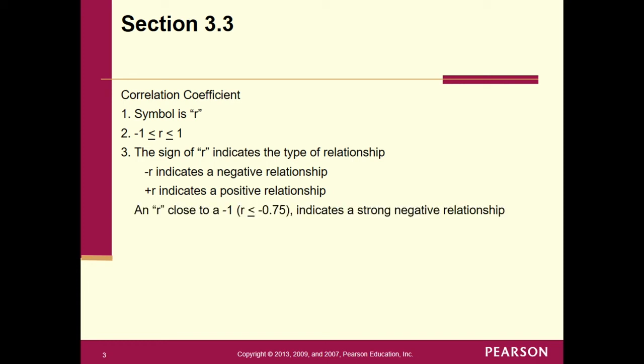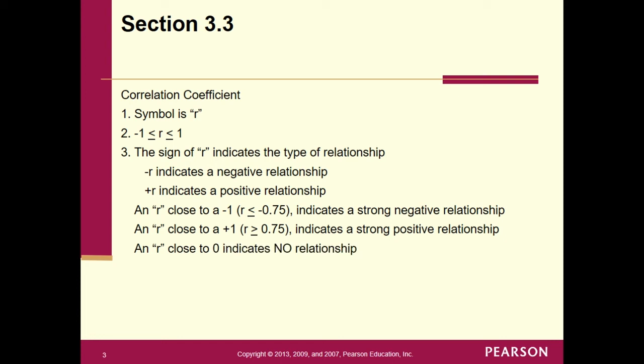What you have to look at as far as the overall strength is how close R is to -1 or +1. An R that is close to -1, say less than -0.75, indicates a pretty strong negative relationship. An R close to +1 indicates a strong positive relationship. An R close to 0 indicates no relationship.